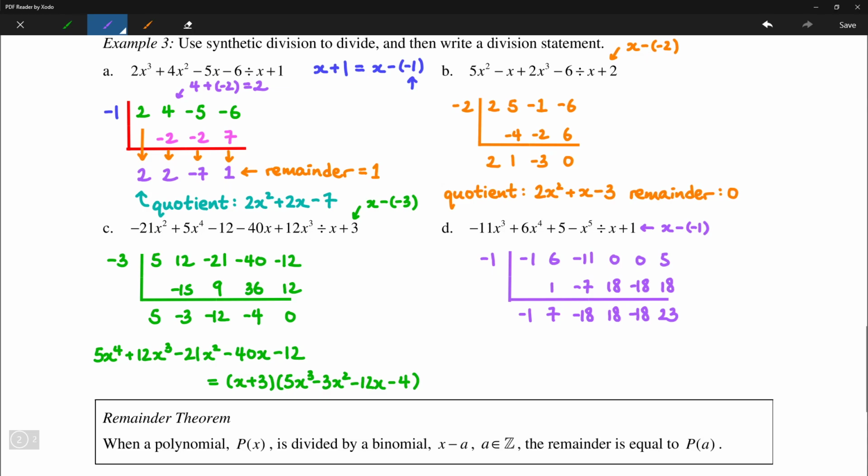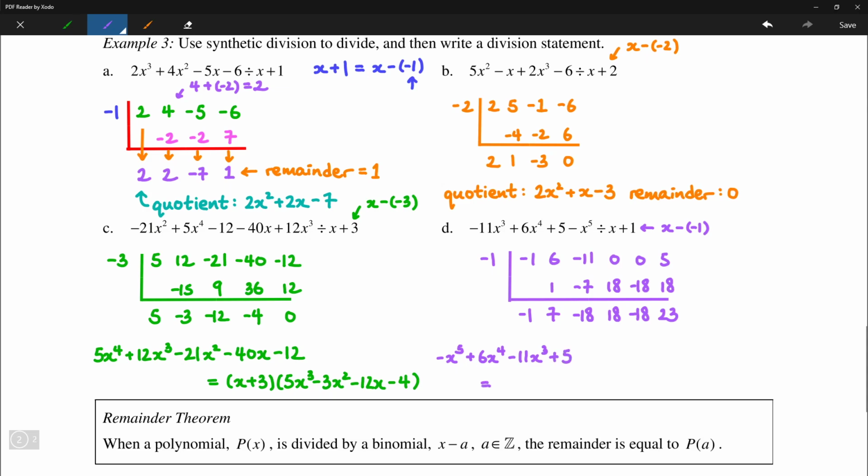So if we are once again to write this as a division statement, then the parts will be negative x to the fifth power plus 6x to the fourth power minus 11x cubed plus 5.